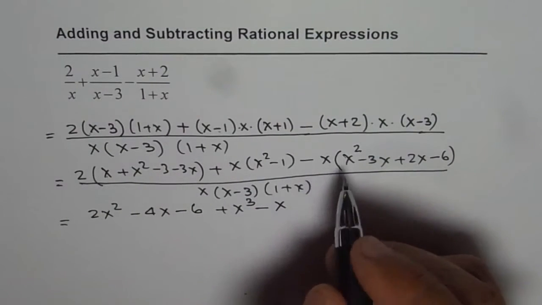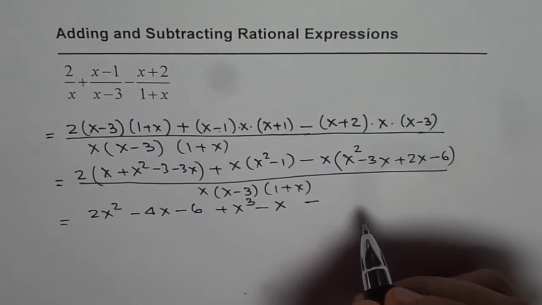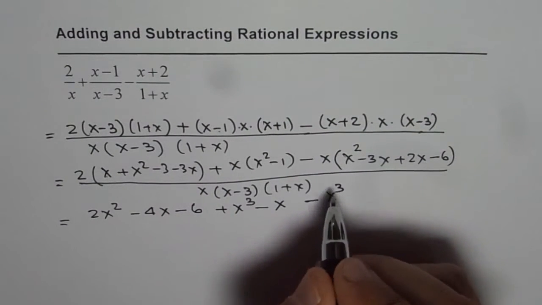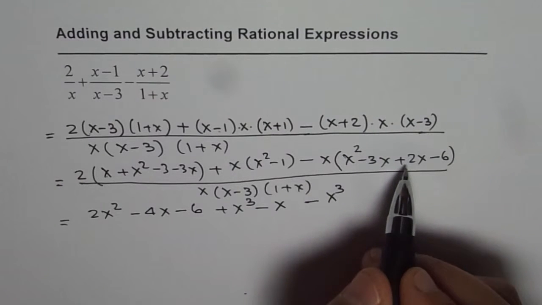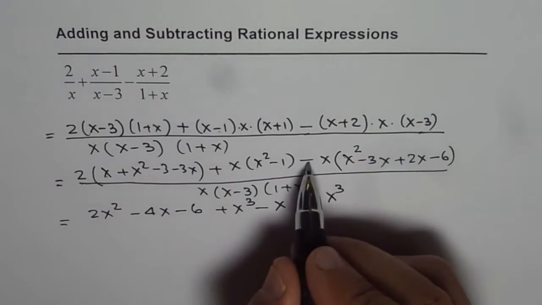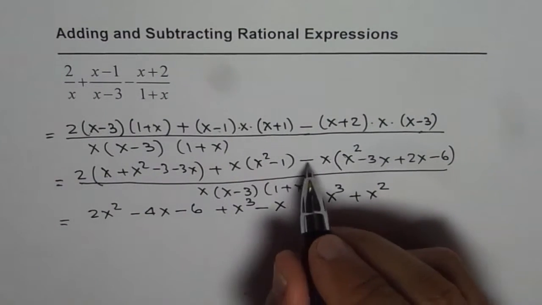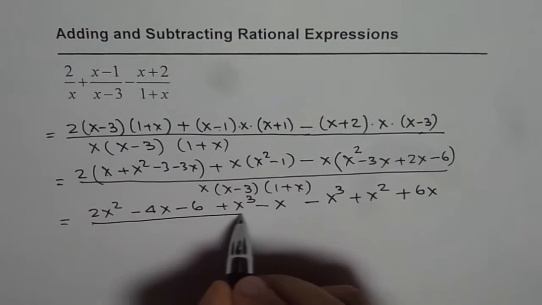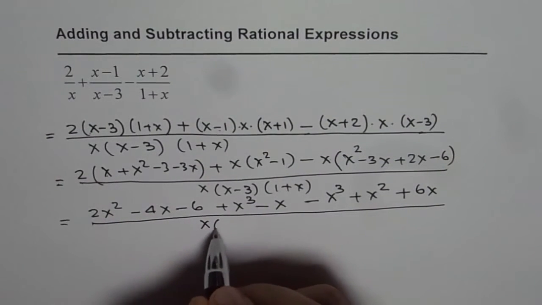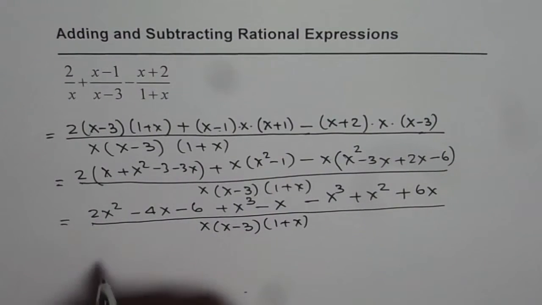Okay, so we get minus x cubed and then minus 3x plus 2x is minus x, which when multiplied by minus x will give us plus x squared, and minus makes it plus 6x. The denominator is x times (x minus 3) times (1 plus x).